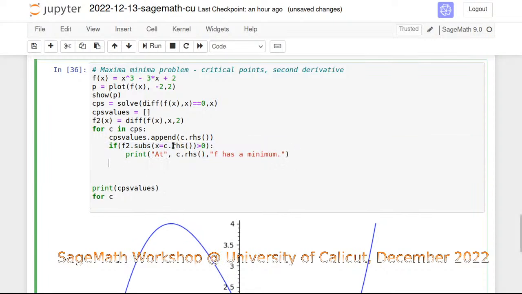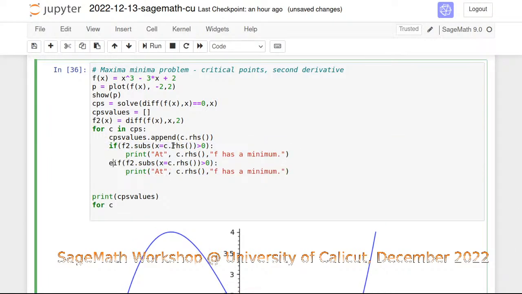Elif, if it's less than 0, f has a maximum. Remember that it can be equal to 0, and in that situation we are not conclusive; we don't have any conclusion.